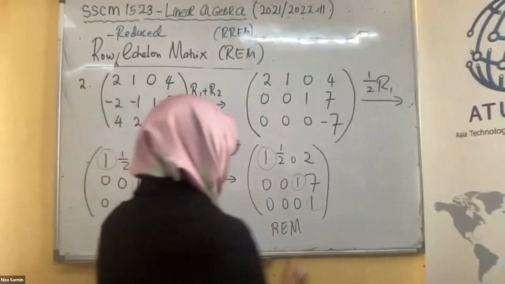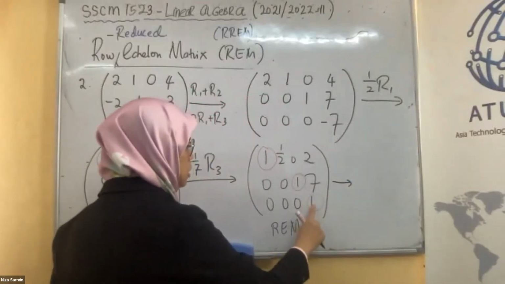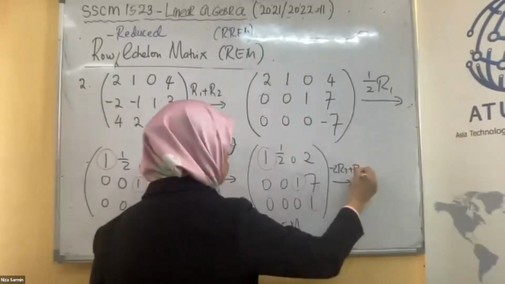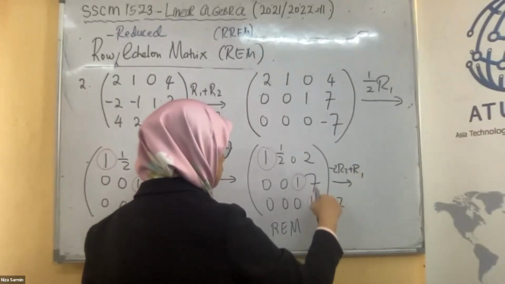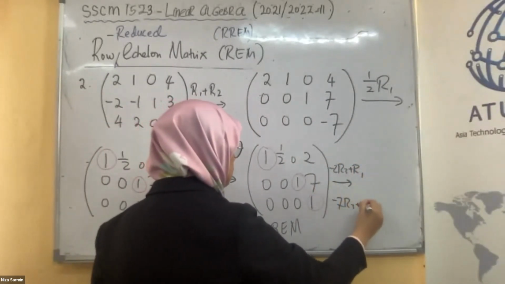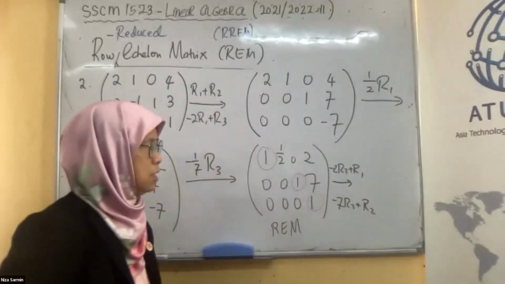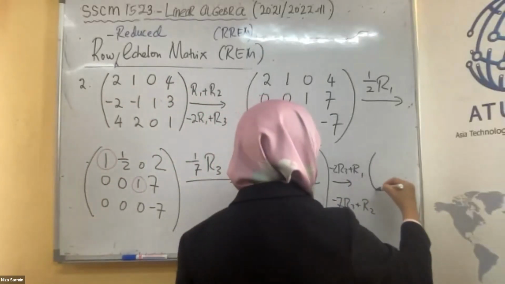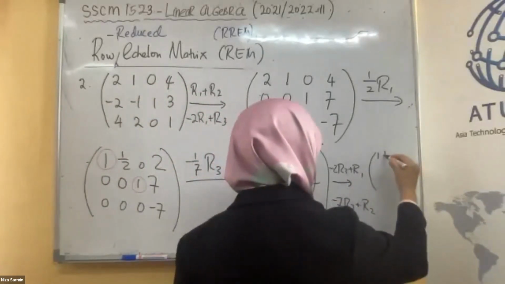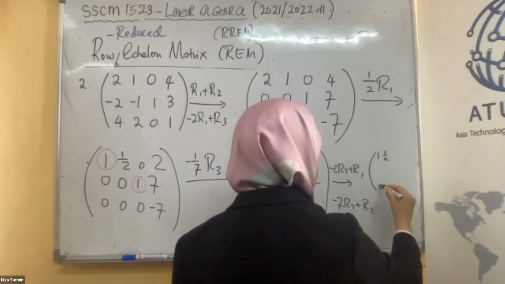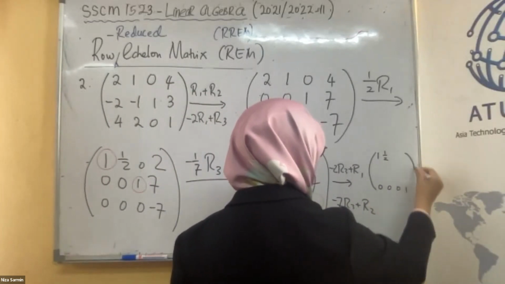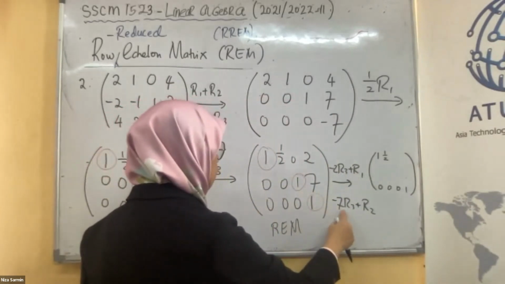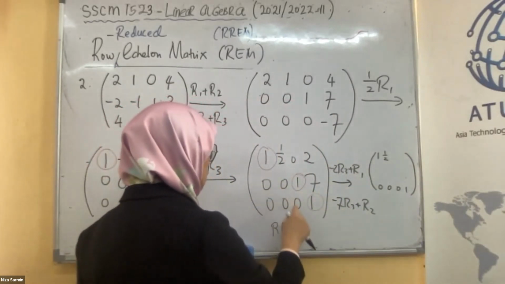So the last one would be using this here. So -2 row 3 plus row 1, -7 row 3 plus row 2. You can do this at the same time. And then you will get, sorry, my matrix becomes smaller. So -7 plus, this won't change.